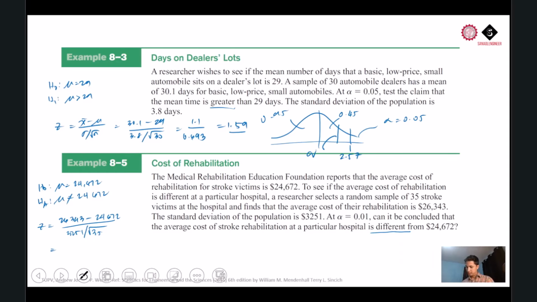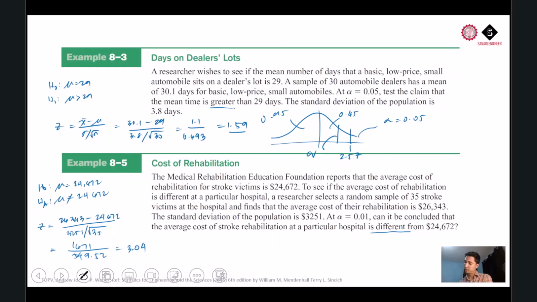So 3251 divided by square root of 35 is 549.51, and the numerator is 26,342 minus 24,672, which is 1670. 1670 divided by 549.51 is 3.04. So that's the test value.